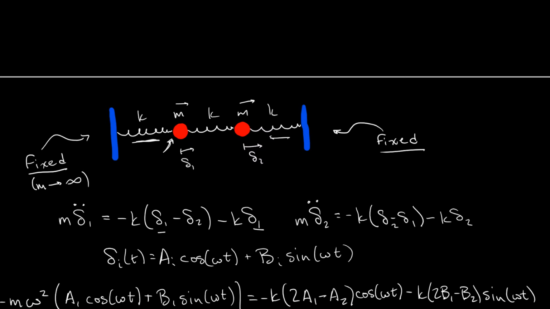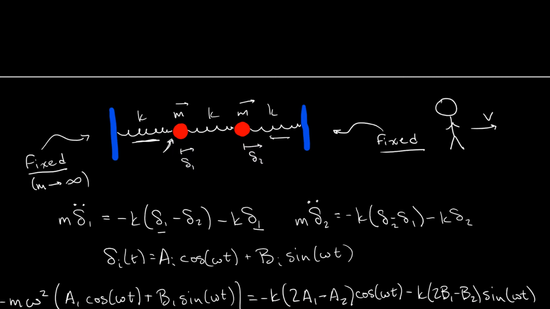If we're running alongside this, right? So if this is us trying to make measurements about the system, and we're running alongside this with some velocity v, we're going to see this entire system moving to the left with velocity v.